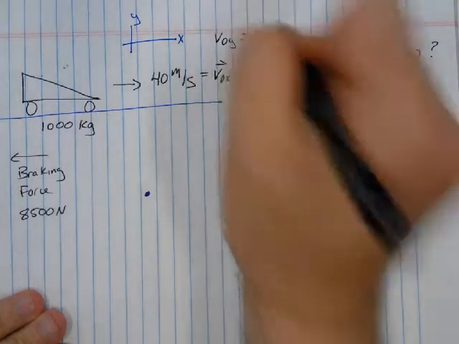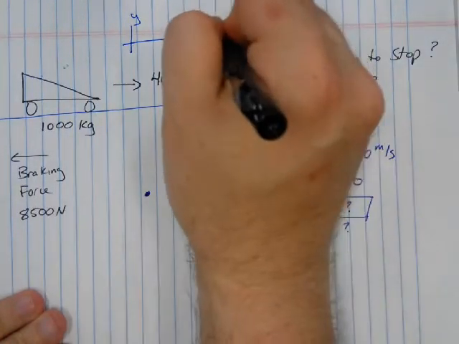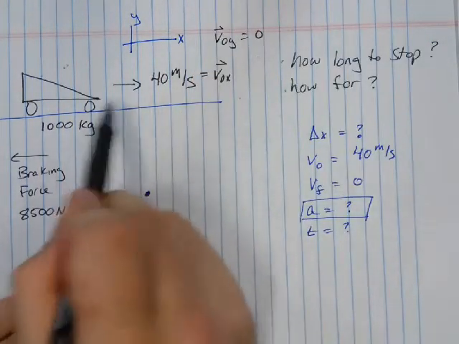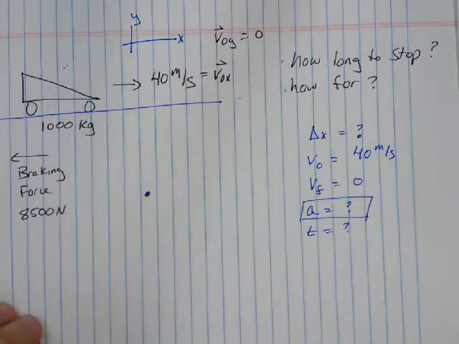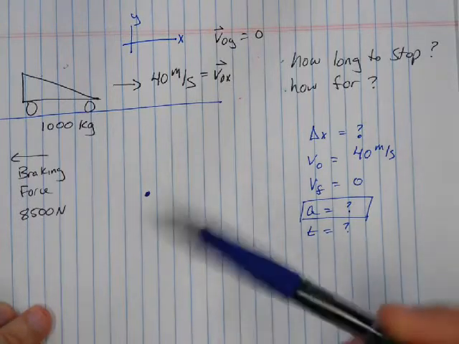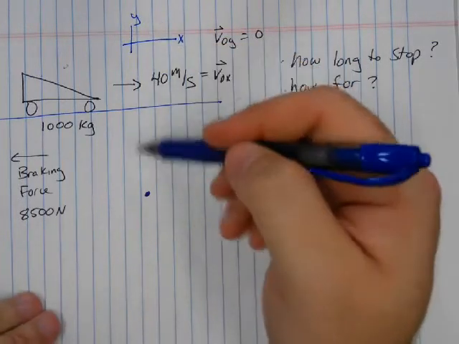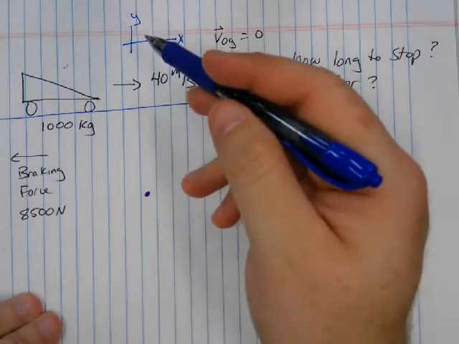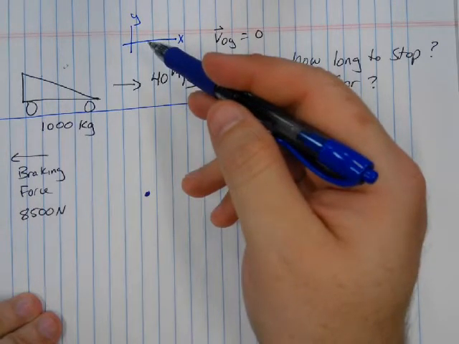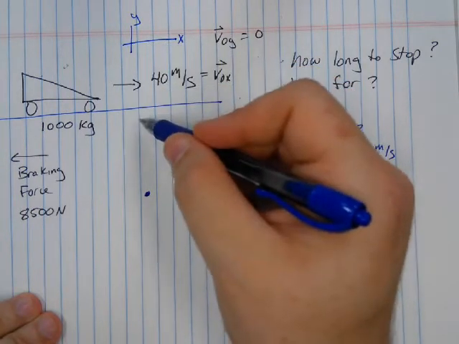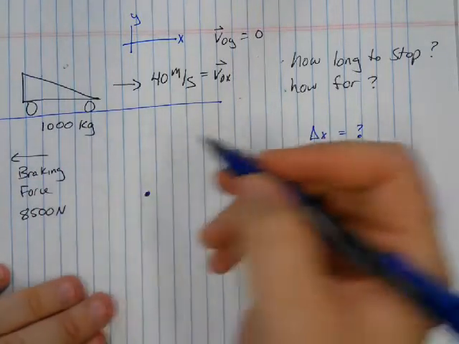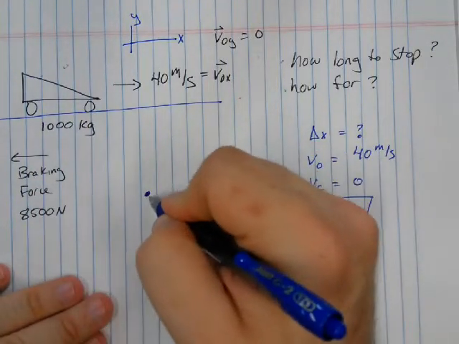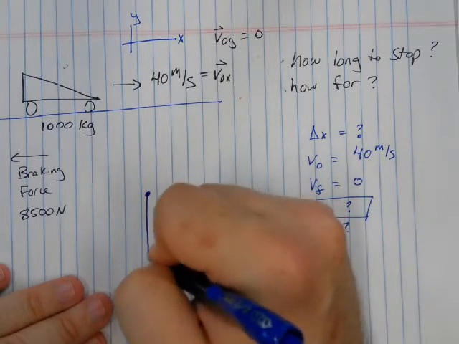V0y is 0. So there's only velocity in the x direction. So that gives us a little bit of information of what's going on, is there's no acceleration up and down because it doesn't leave the road. That's what cars hopefully stay on the road. So we can make some assumptions in a problem like this.